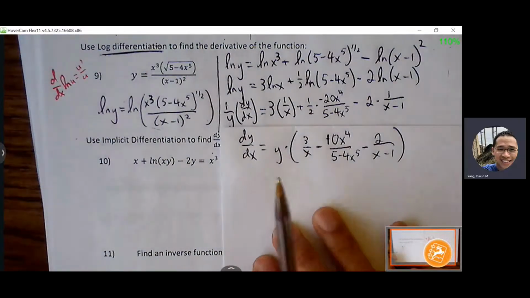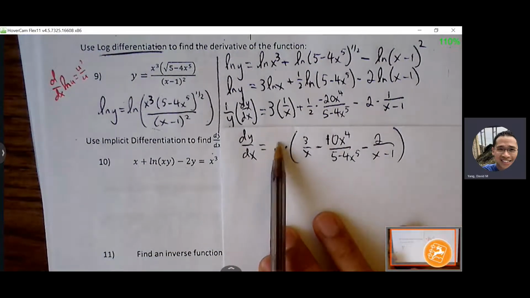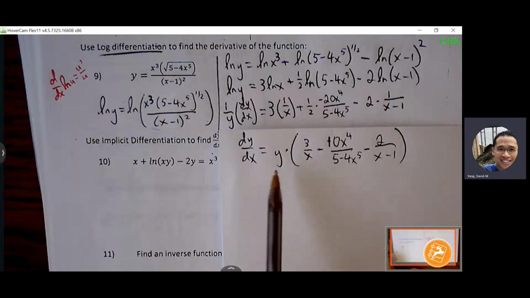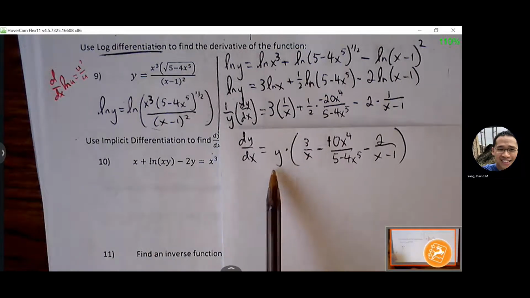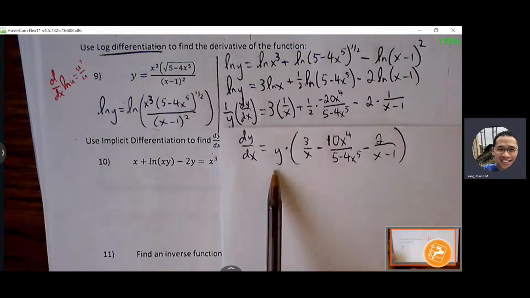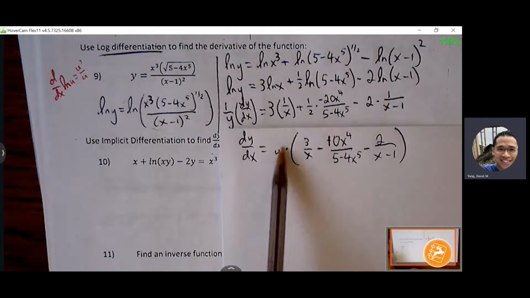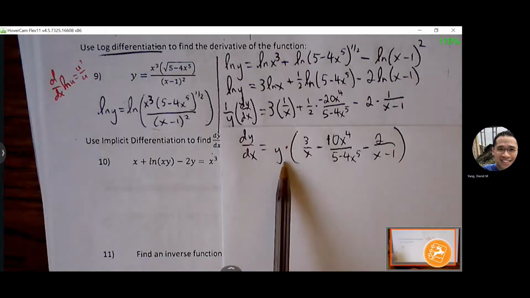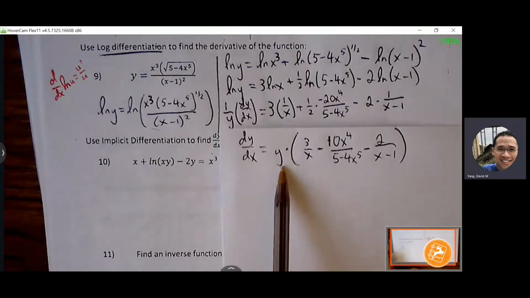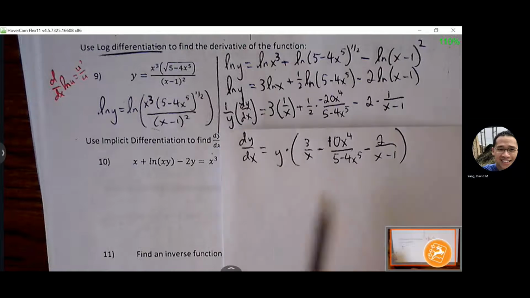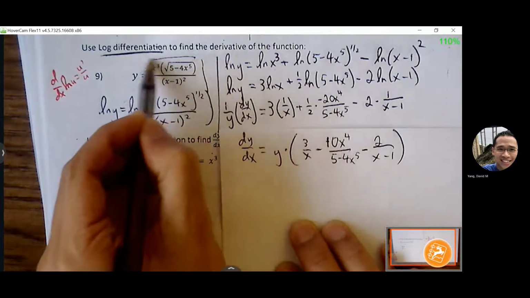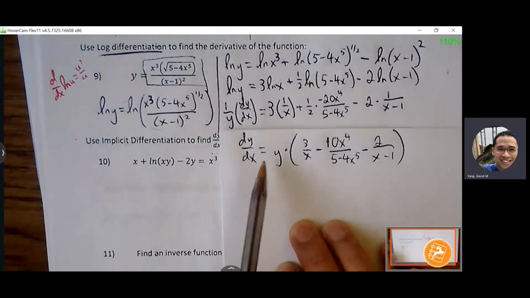And then there's one more substitution that we can make. What can I do with this y? What can I replace this with, though? Can I replace this in terms of x? What's y equal to? How about the original problem? Yeah, we gotta make that substitution.